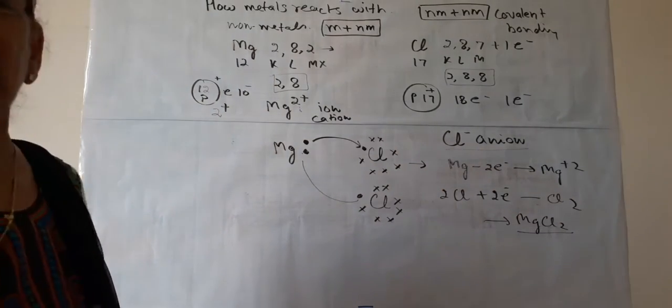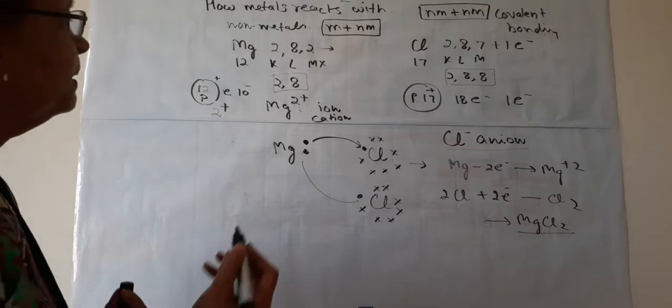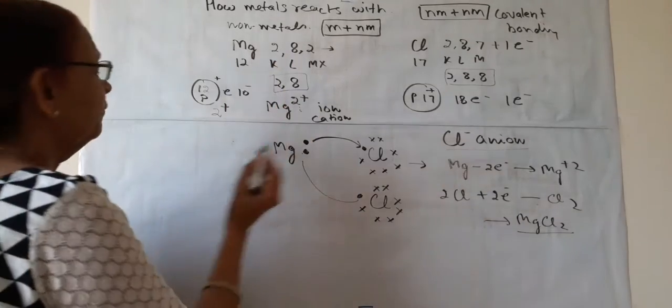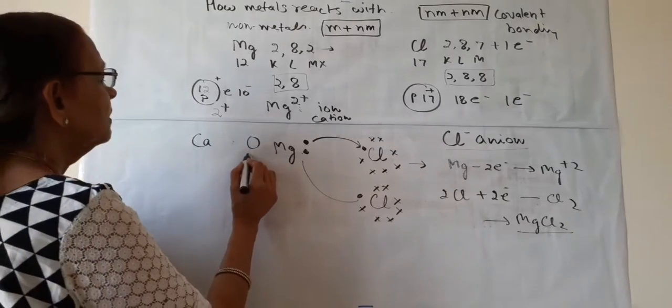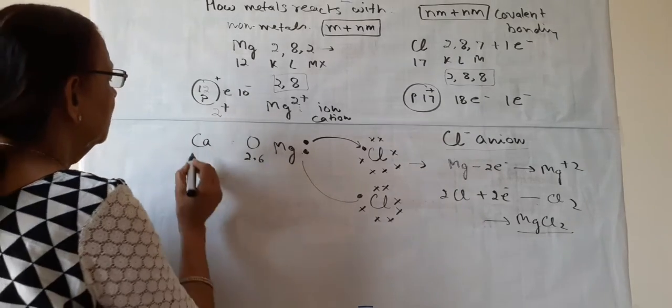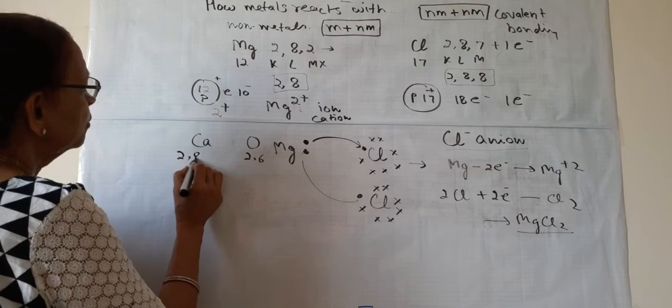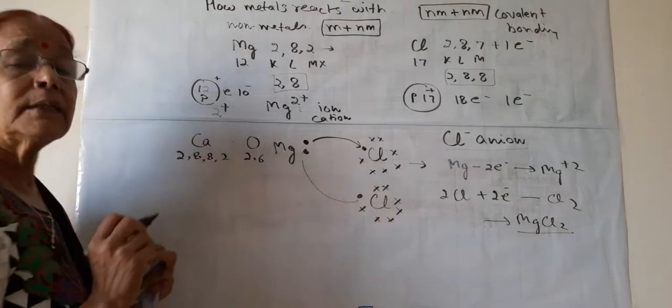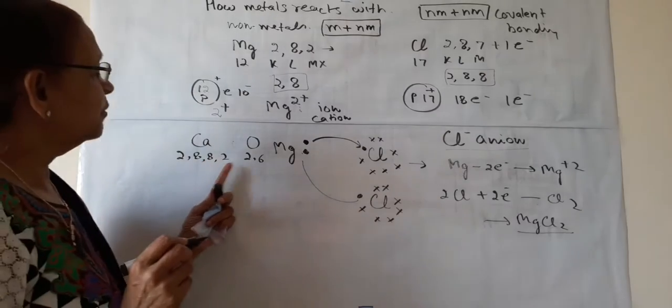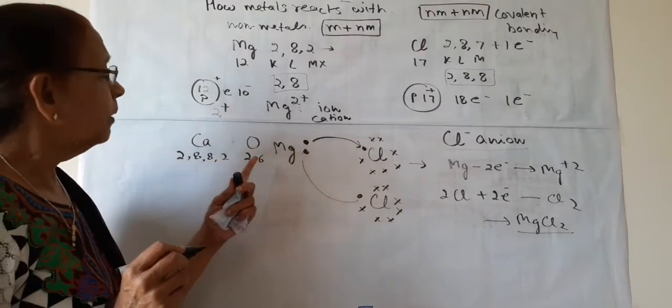Likewise, we can take many other examples. We can take the example of calcium and oxygen. Oxygen is 2,6, calcium is 20, 2,8,8,2. This is the configuration of calcium. This is the configuration of oxygen.